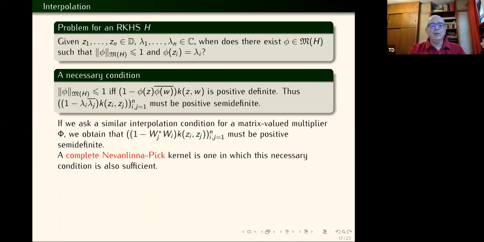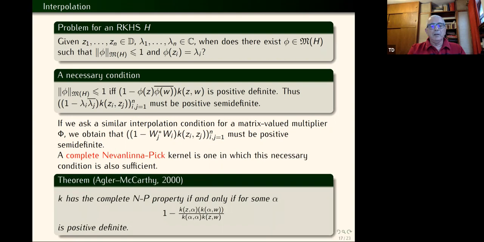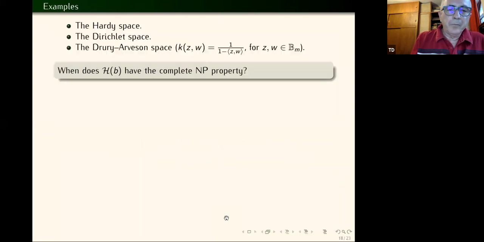These kernels are very precisely characterized by Agler and McCarthy, and it's not surprising that, again, the condition is that some function should be positive definite. Some examples are the Hardy space, Dirichlet space, and Drury-Arveson space. I think these spaces will be discussed in a course later on.